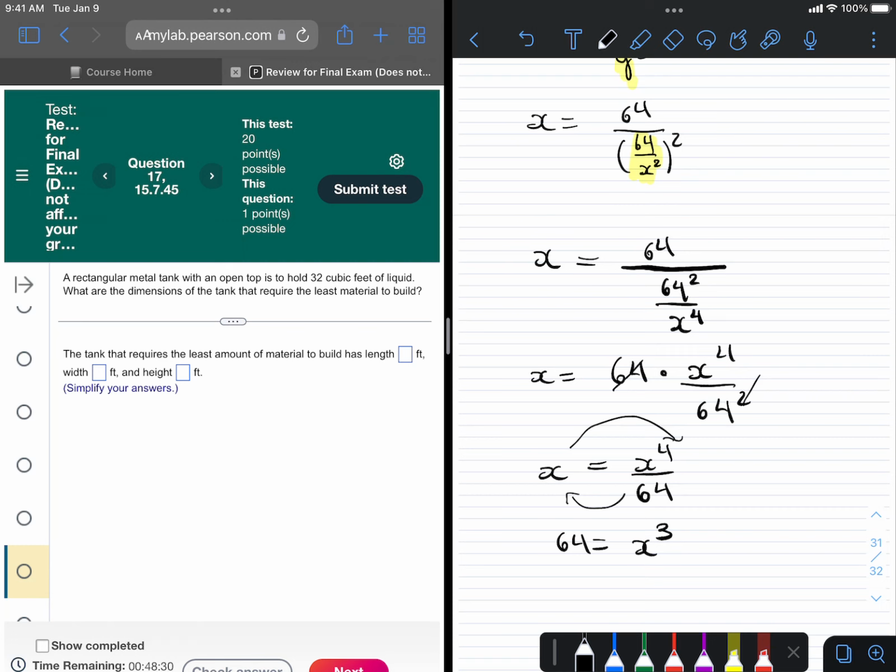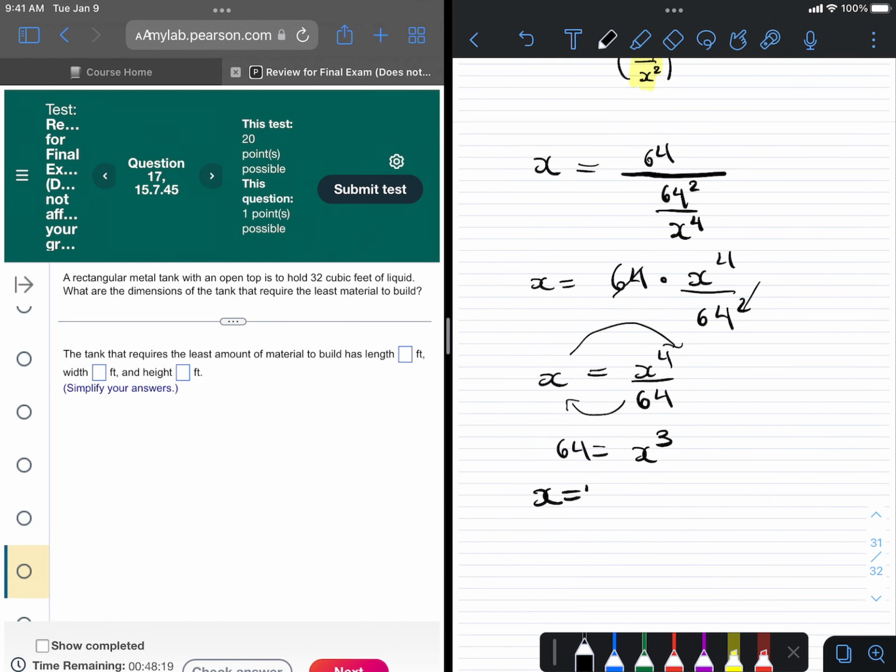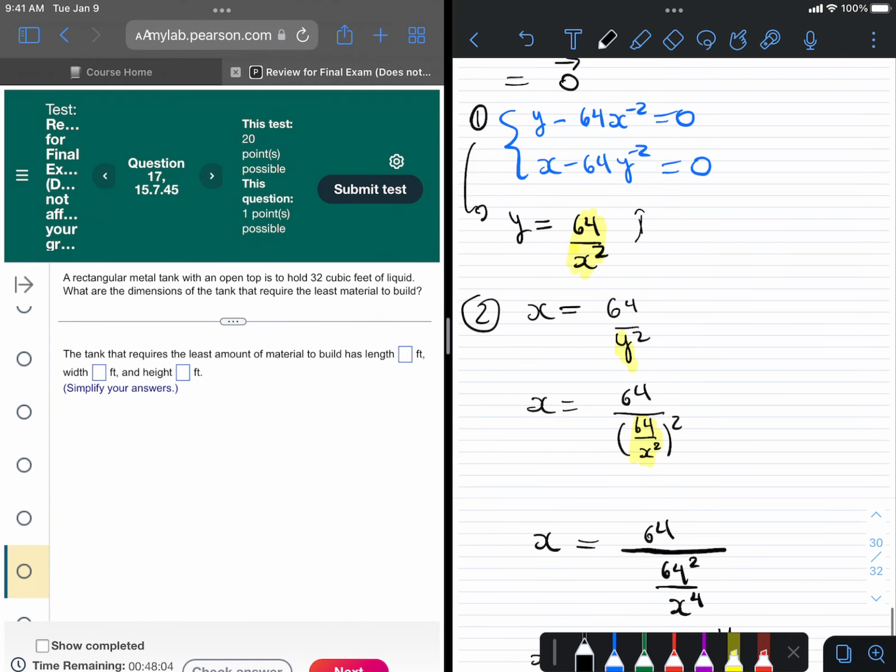What is a value that cubed equals 64, right? x equal to 4. 4 times 4 is 16, 16 times 4 is 64. So x is 4. If you go back a couple steps, you find y equal to 64 over 4 squared, which is 16, so that is also 4. x and y do have to be equal.